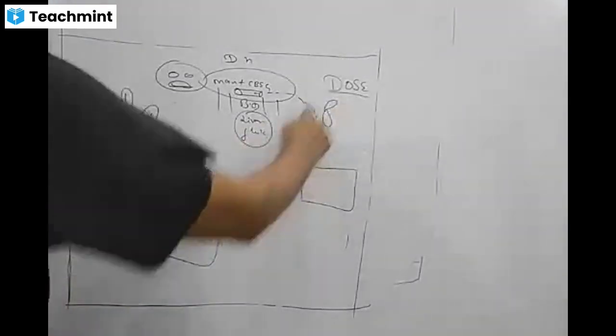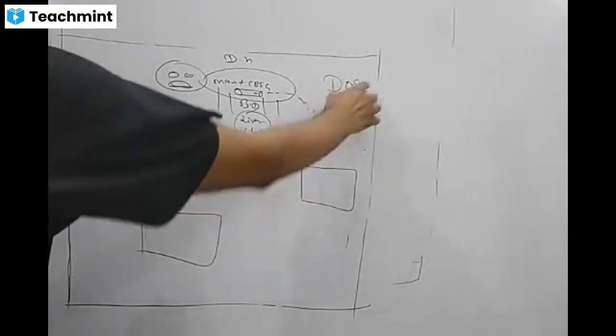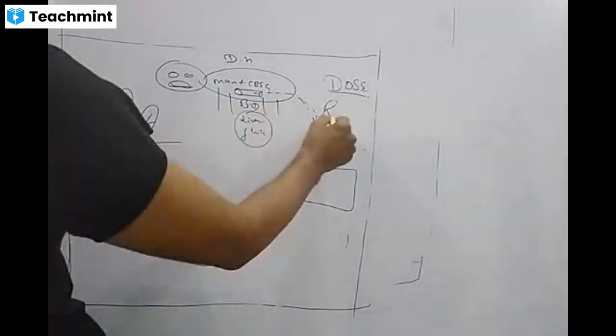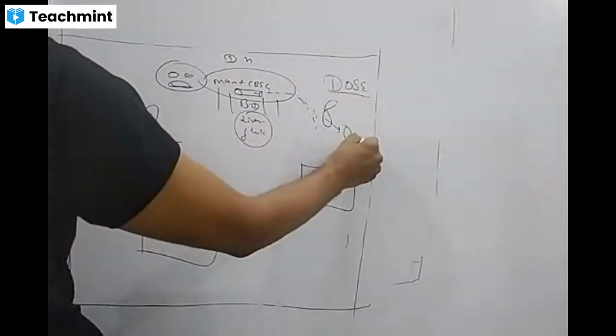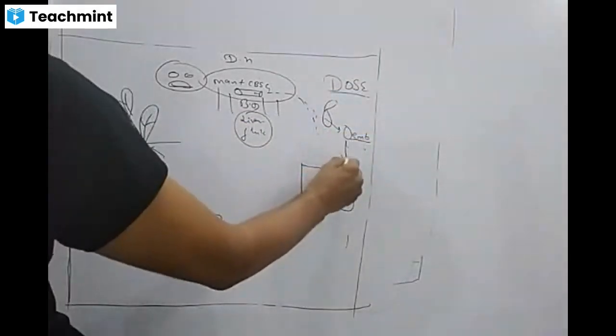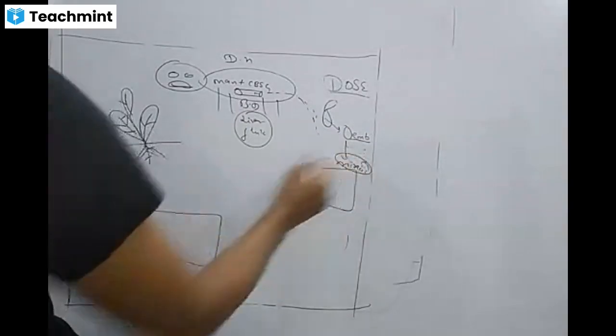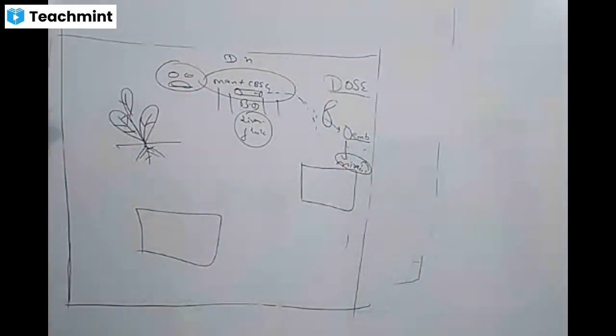Operculated and unembryonated. Why unembryonated? Because not a member of DOSE. So from this unembryonated egg, it will become embryonated. Then what comes out? Miracidia. Hatching of the egg leads to release of miracidia.